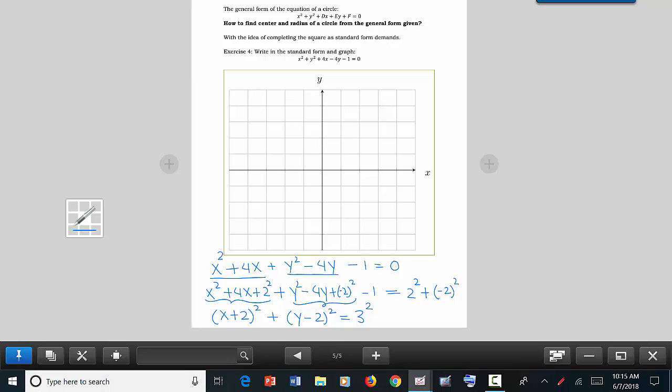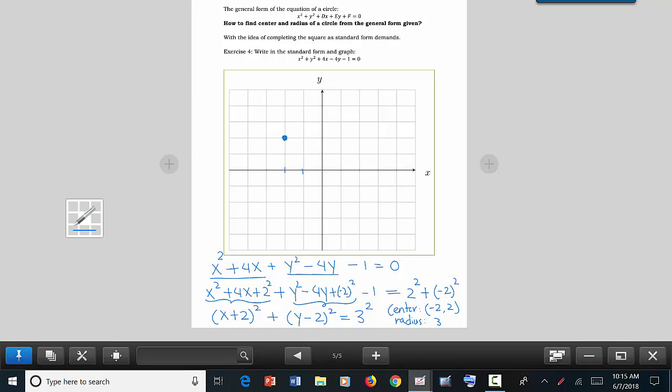So what is it telling us? The center is what we are subtracting from x, negative 2, and what we are subtracting from y, positive 2. And then the radius is 3, because 3 squared. So the center is negative 2, 2. This is the center of the circle.